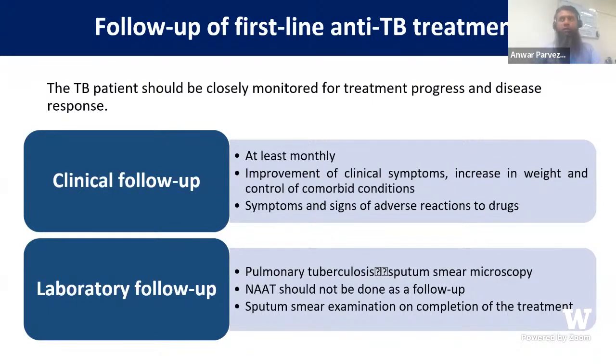We don't do CBNAAT for follow-up, because CBNAAT can be positive even if there are dead bacilli in the patient's sputum, since it is a nucleic acid amplification test and detects even a part of the DNA present in dead bacilli. That is why we just do sputum smear examination for follow-up, to see if it is positive or negative. And we also do smear examination on the completion of treatment.